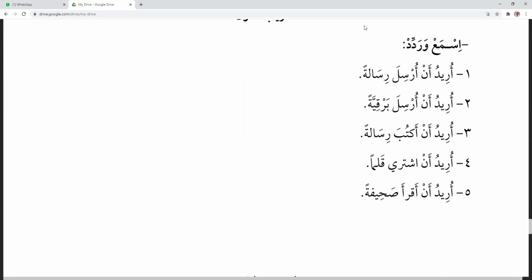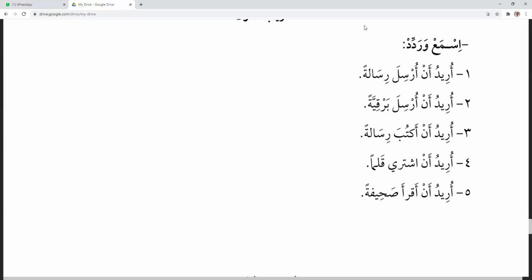It separates the want from the actual thing that you want, if that makes any sense. So after uridu an, the word after it becomes mansub. The fa'il becomes mansub. Can you see? Number two, ursila, aktuba, ashtari, that won't change because it's a ya at the end.